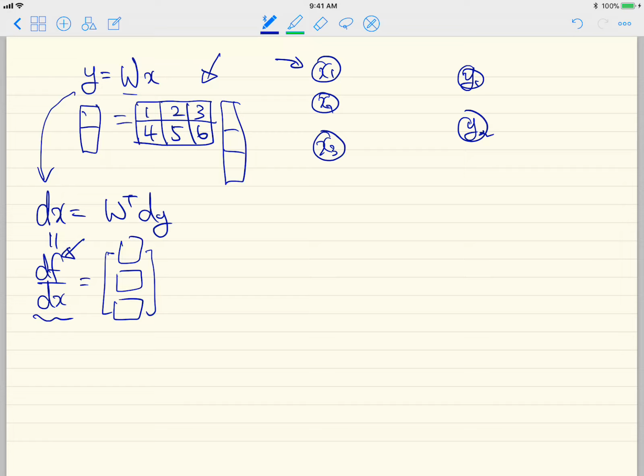That is nothing but a vector representation of the individual scalar input nodes: x1, x2, x3. It is the collection of these partial derivatives with respect to these scalar variables. Let's focus on this one.